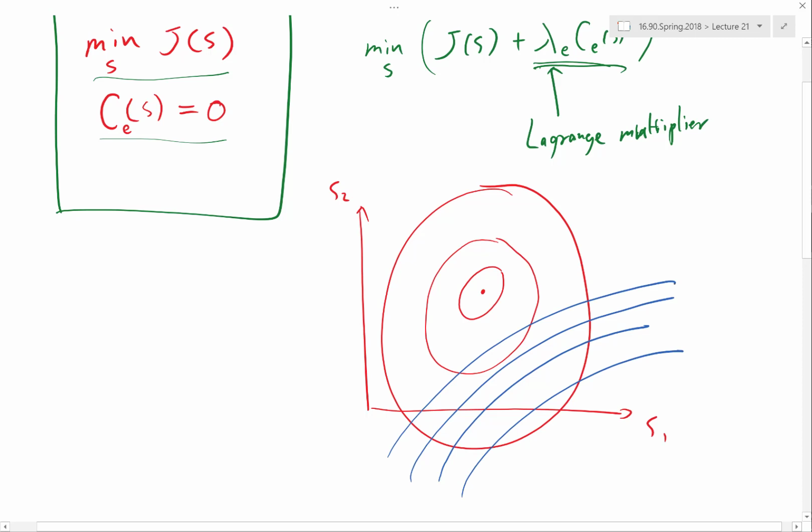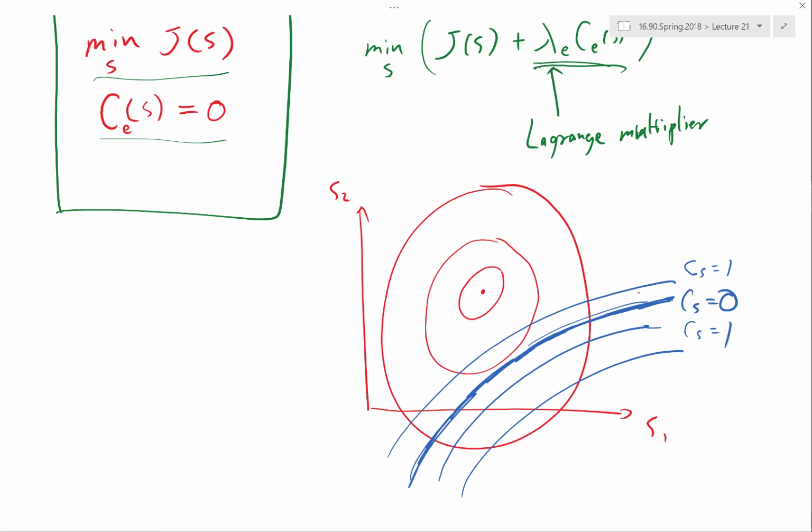All right. And because my constraint is that the value of the constraint function has to be 0, there is a particular significance on the contour where CS is equal to 0, right? Maybe this one is CS equal to -1, this one is CS equal to 1, but this one has a particular significance because on that line, the constraint is satisfied.